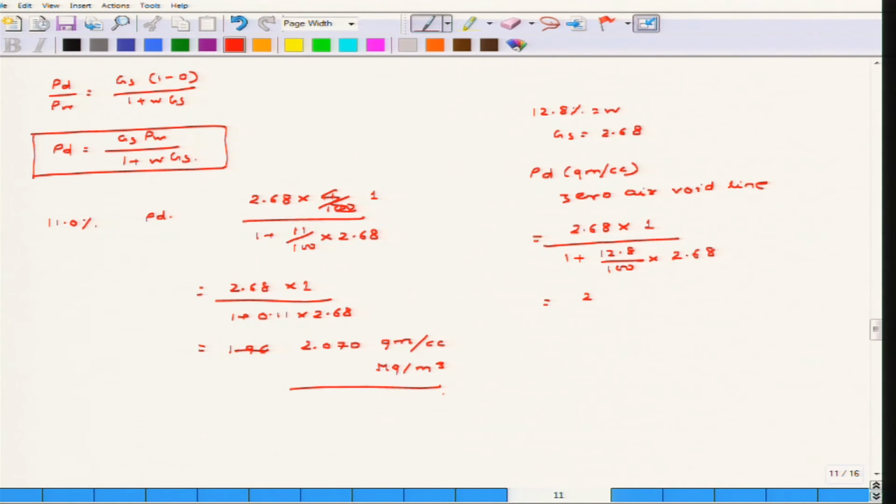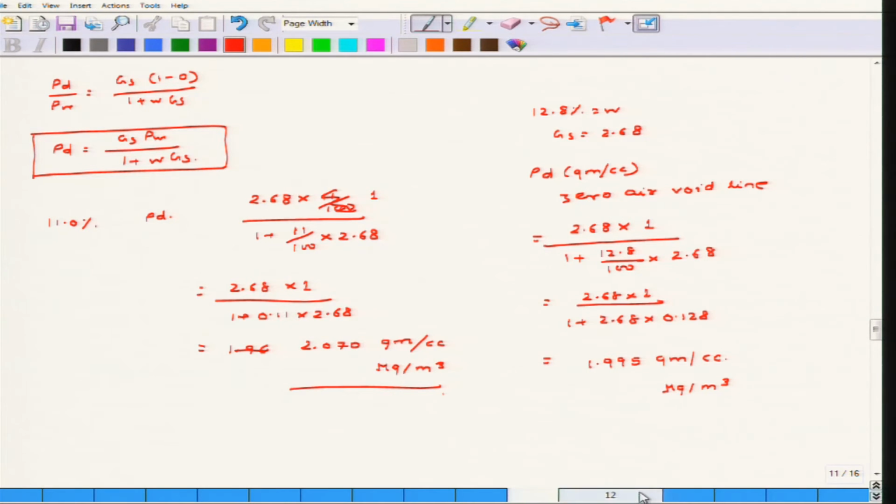That is 2.68 into 1 by (1 plus 2.68 into 0.128), which for 12.8% is equal to 1.995 gram per cc or megagram per meter cube, whichever unit is suitable for you. So this is for the zero air void line.